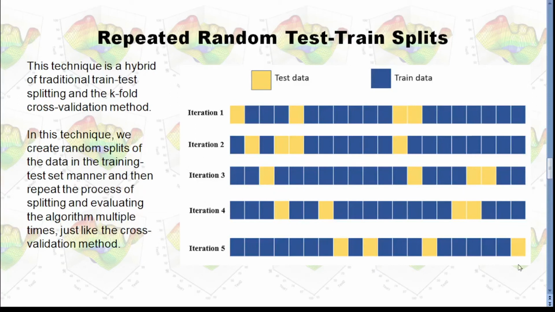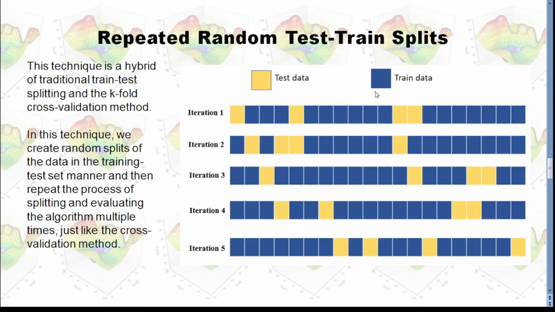You can see in this graph, first we separate the whole dataset into certain data blocks, and then we pick 4 blocks for test data.